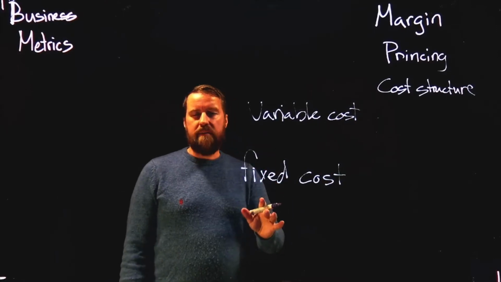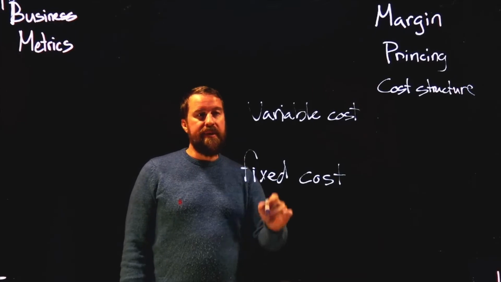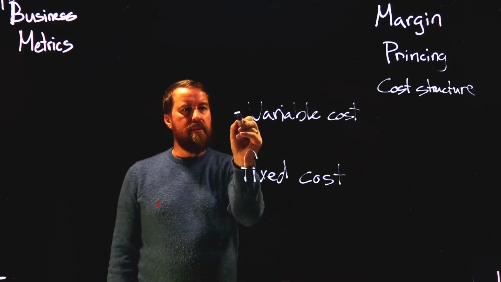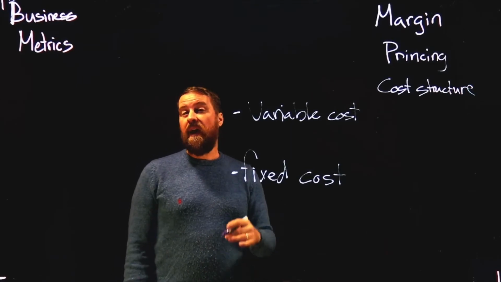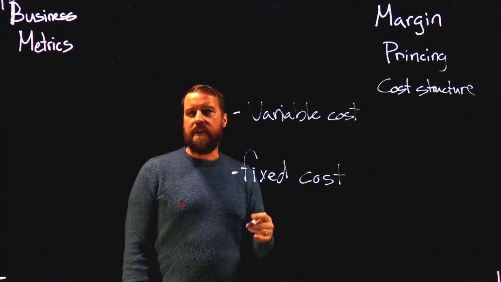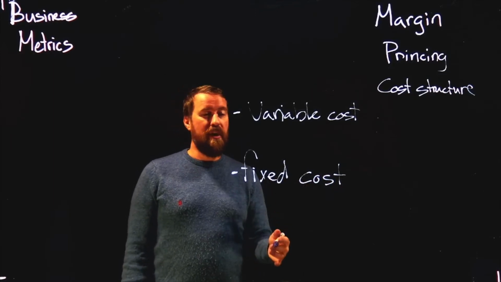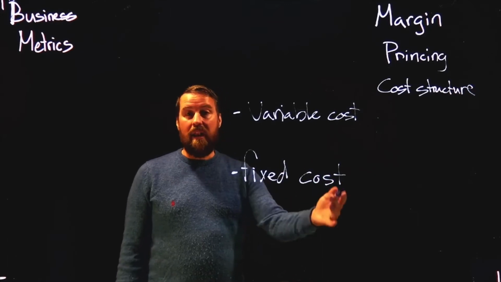You might have had it, but in this case it's actually important that we remember it, because our variable costs and our fixed costs have a big influence on how our business is running. Fixed cost, especially if you're a startup or a smaller company, is a very, very critical element.